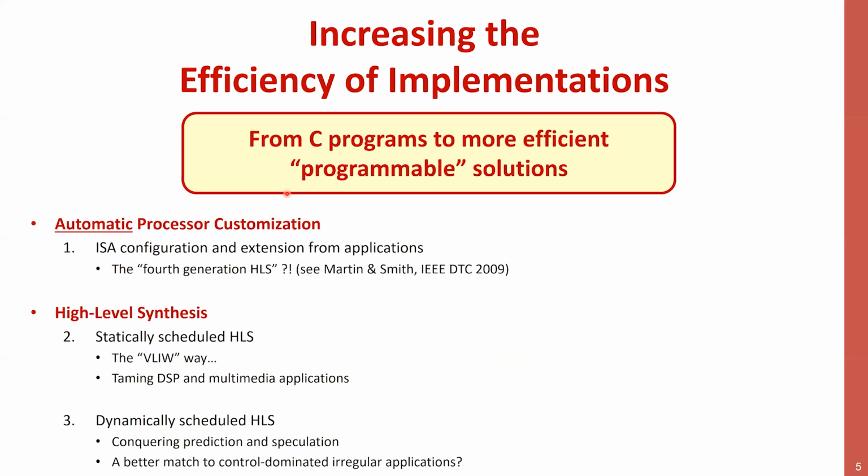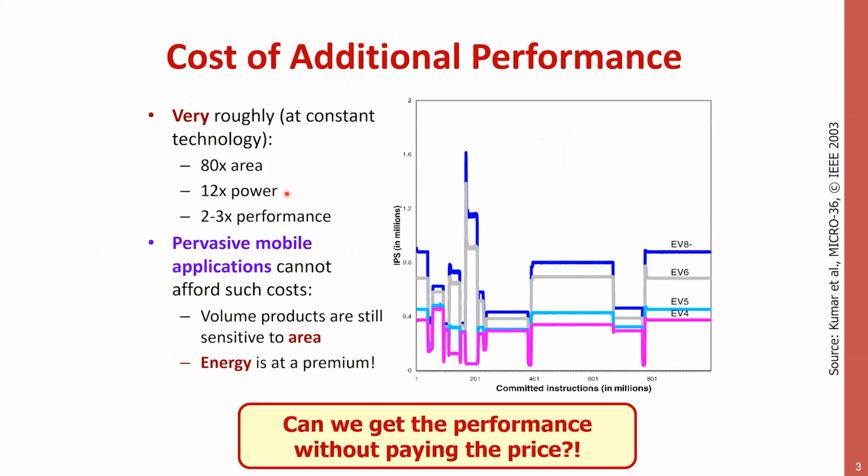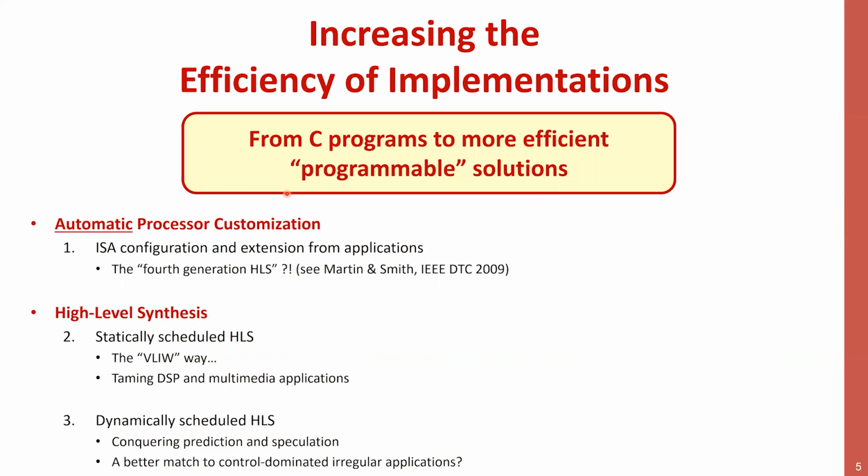C programs is a functional description of what I want the program to achieve. And so we want to go from C programs to more efficient solutions. And we don't care too much what programmable means. What we care is that we want to have something that works faster for less. For less than this. So what can we do?